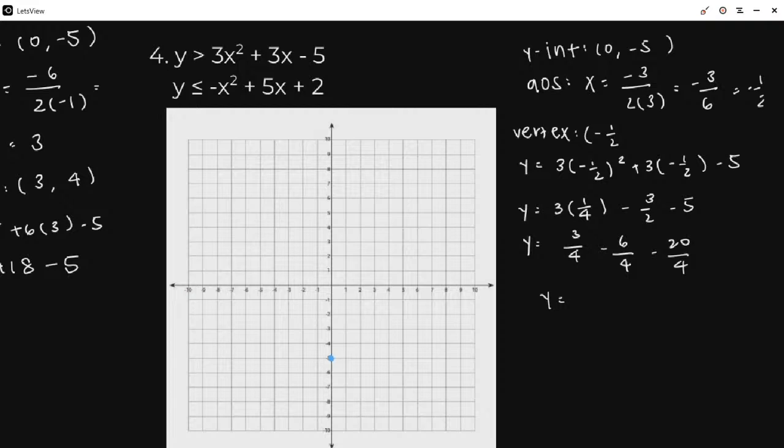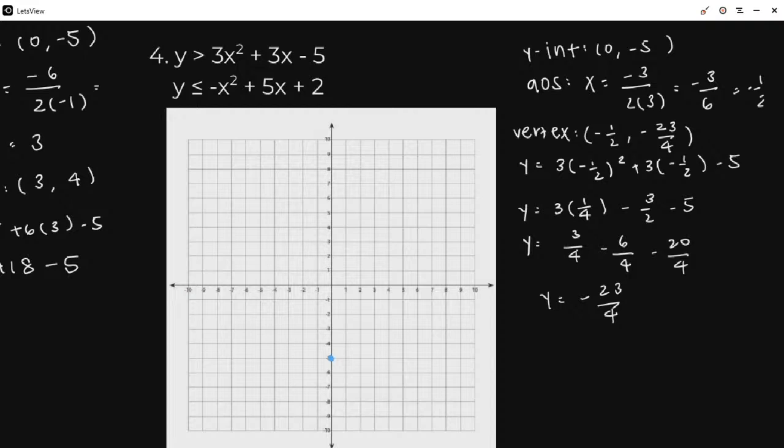Okay, so then this will give us negative 23 over 4. Okay, so this point is going to be a little less than 8, negative 8.